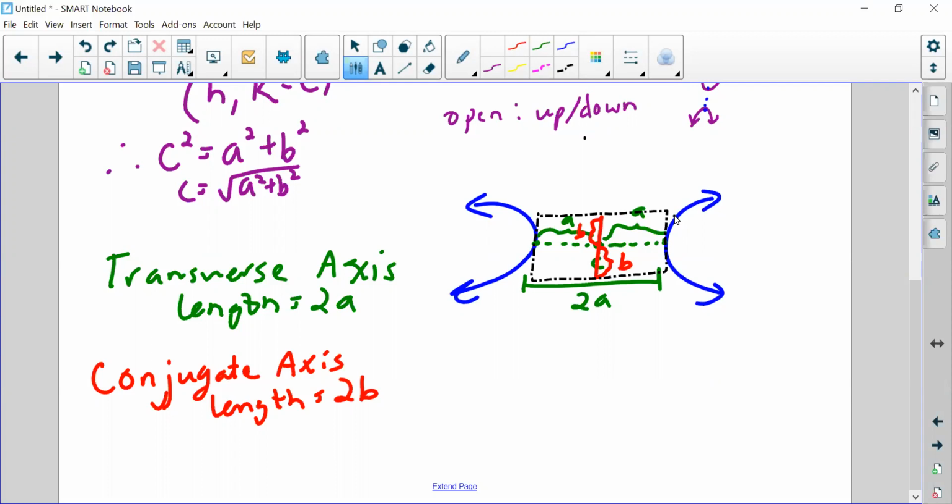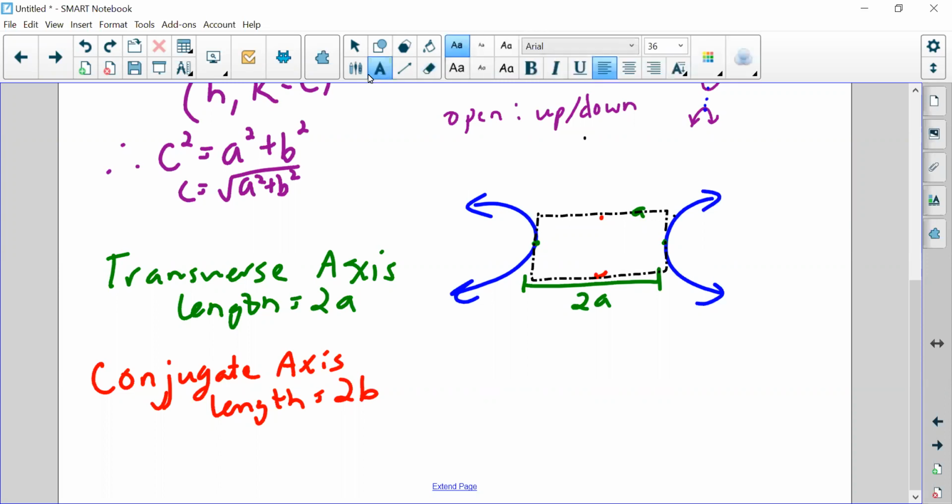We're always going to draw this box. The box is drawn around the axes; we usually don't draw the axes, we just draw the box. So we're going to draw this box in here, around the center.